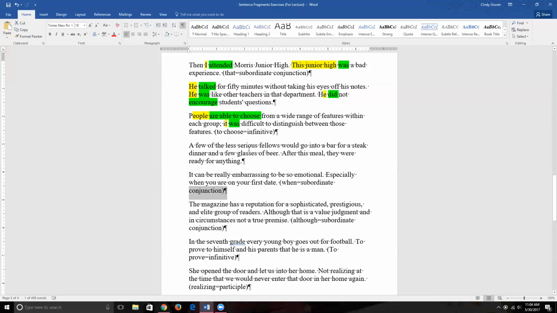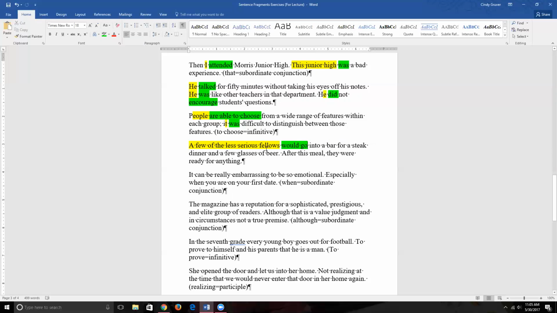A few of the less serious fellows would go into a bar for a steak dinner and a few glasses of beer. This is a good sentence. We have a subject, a few of the less serious fellows. Would go is our verb. And it does express a complete idea.